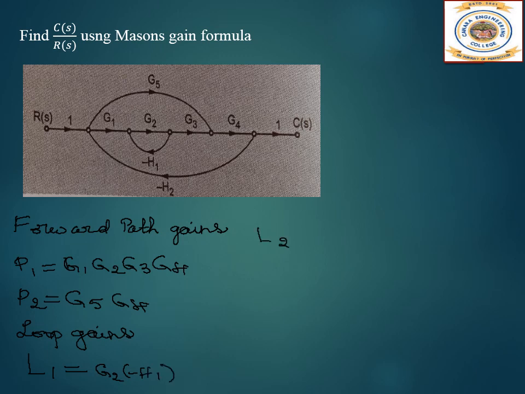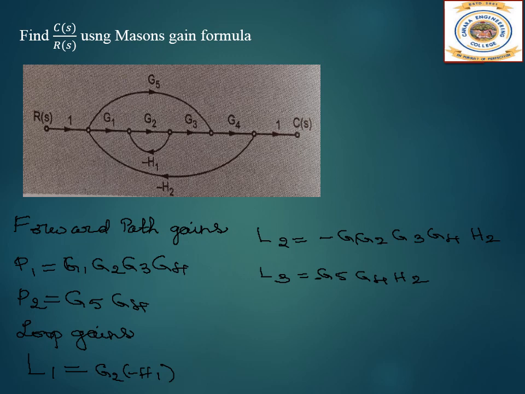Second loop L2 is equal to minus G1, G2, G3, G4 and H2. That negative sign I have written in the beginning only here. Then L3 is G5, that is also minus, G4 and H2.